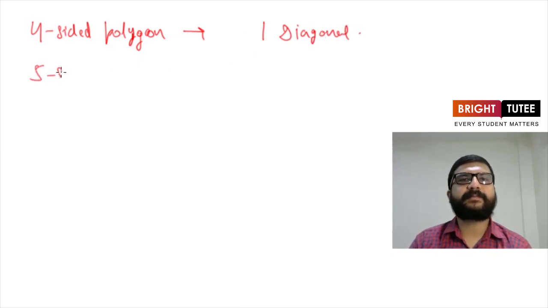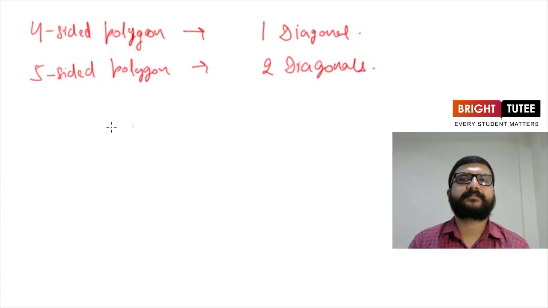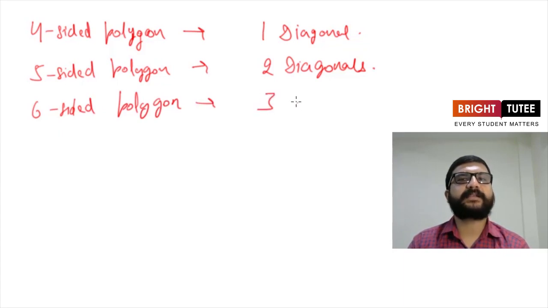Now for a 5-sided polygon, that was a pentagon, we have seen from one vertex we can draw 2 diagonals. And then for a 6-sided polygon, that is a hexagon, we have seen we can draw 3 diagonals from any vertex of the hexagon.